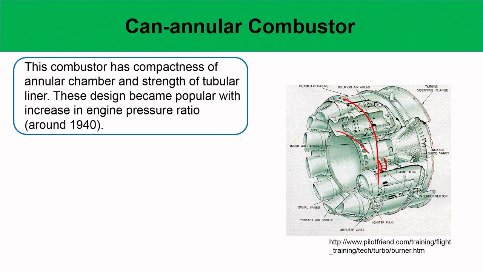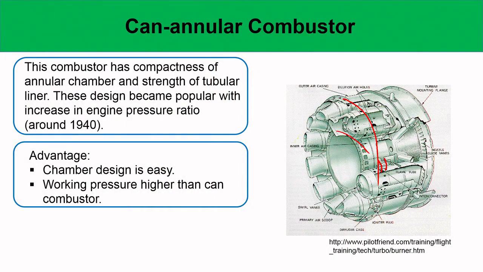You can have only one igniter. A kernel that is ignited in one combustor can develop into a full flame, and that full flame can send out hot gases through these flame tubes, and those can ignite the neighboring combustors, and so on and so forth. All the combustors in the engine get ignited.